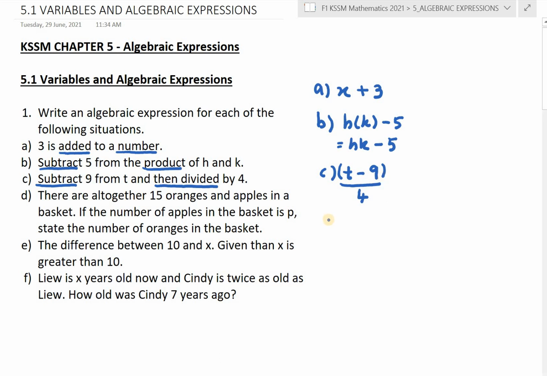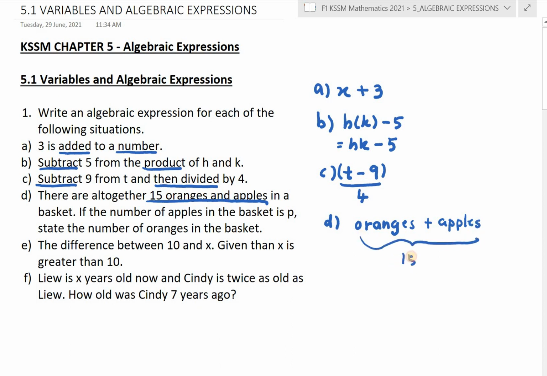So for question D, there are altogether 15 oranges and apples in a basket. If the number of apples in the basket is P, state the number of oranges in the basket. So let's see, 15 oranges and apples means that this one is oranges plus apples. The total value is 15.